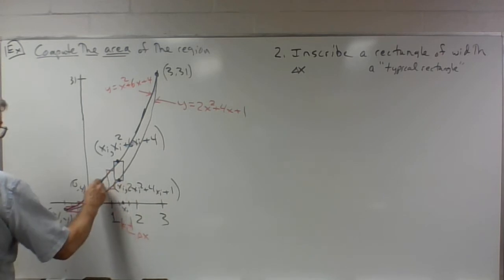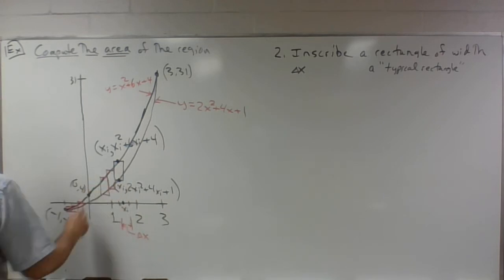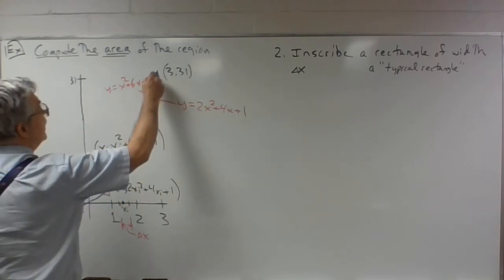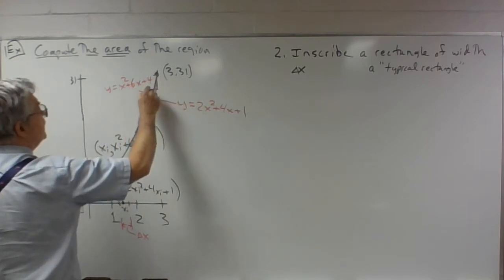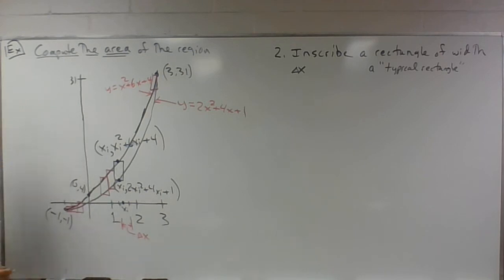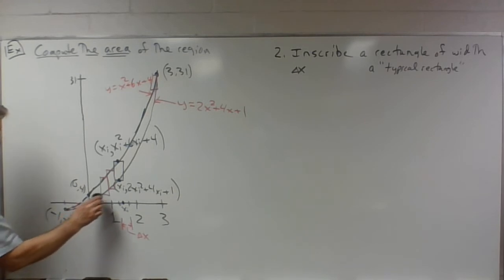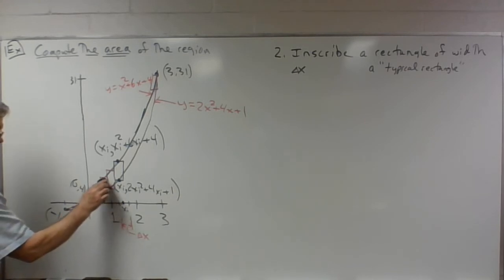Here a rectangle, there a rectangle, everywhere a rectangle. This whole crescent is going to be filled with rectangles stacked side by side. We don't draw them in, but we know they're going to be there.